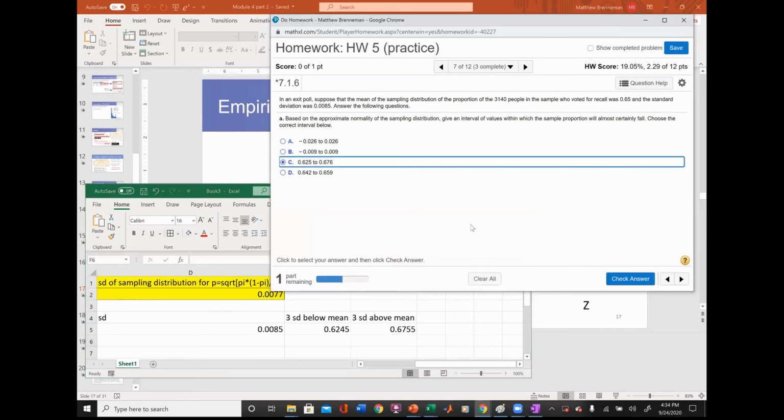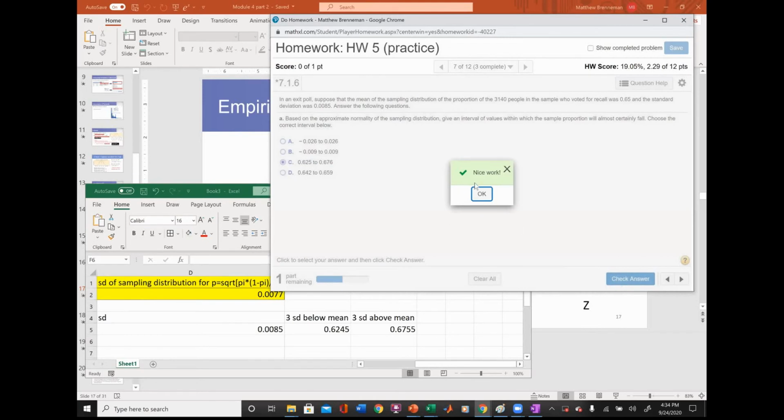That's going to be my answer. Check it, I'm good. So this is what they mean when they say given interval which contains almost all of them. This is the phrase will almost certainly fall. That's what they mean.